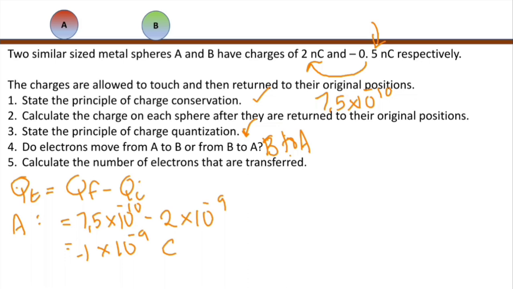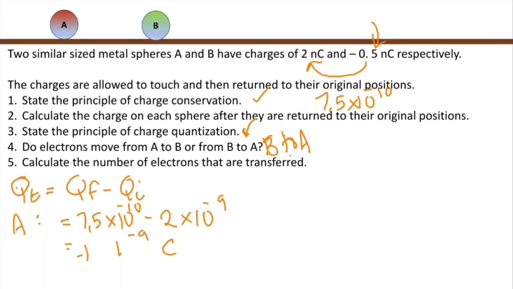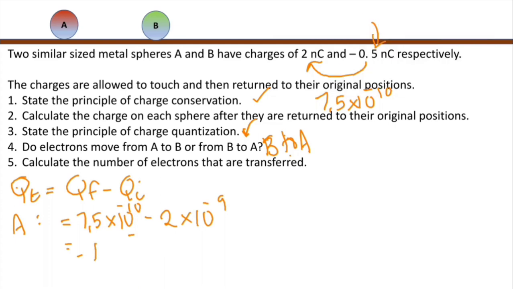Actually, if I round off quickly, it gives me that answer. The correct answer is 1,25, because I was looking at that number and it didn't look correct. It's negative 1,25 times 10 to the minus 9 coulombs.